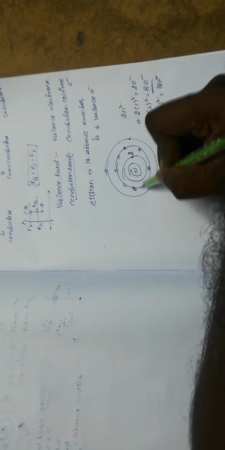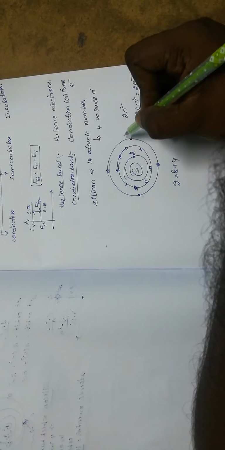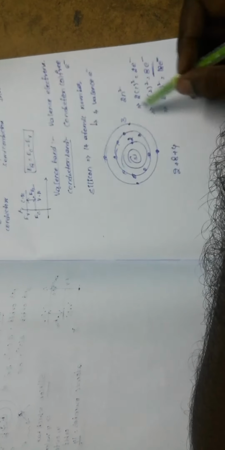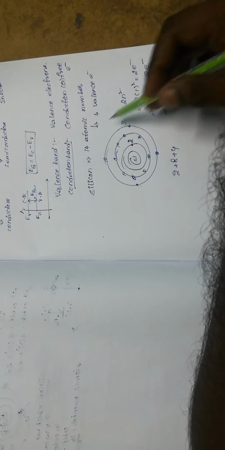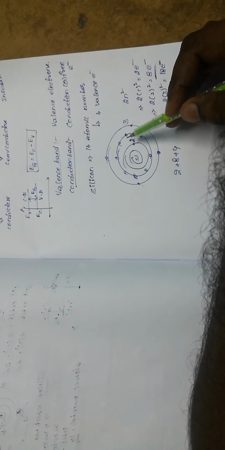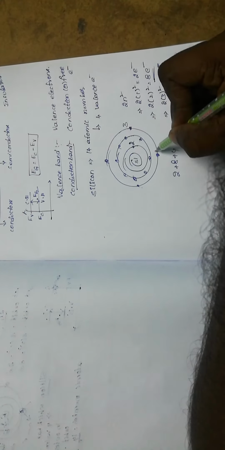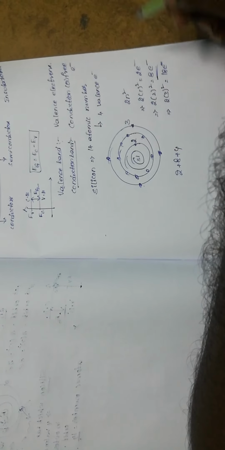That means only 4 electrons occupy the third orbit for silicon. So the number of electrons present in the outermost orbit of a particular element are called valence electrons.